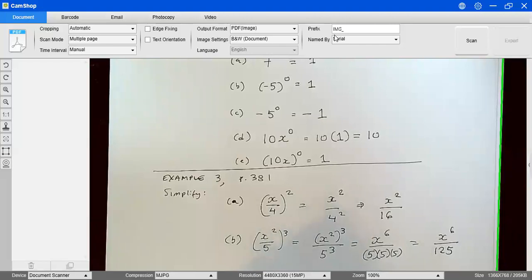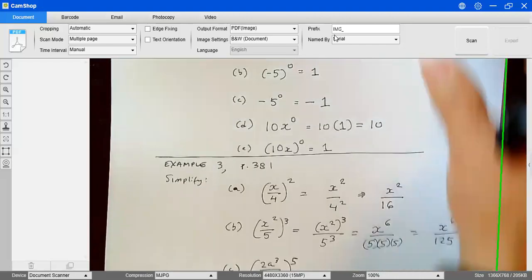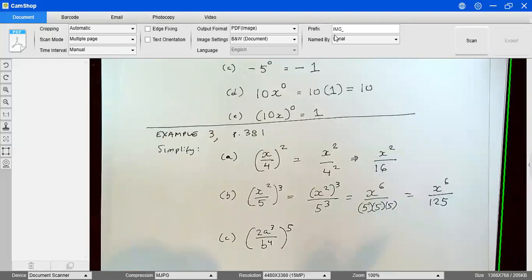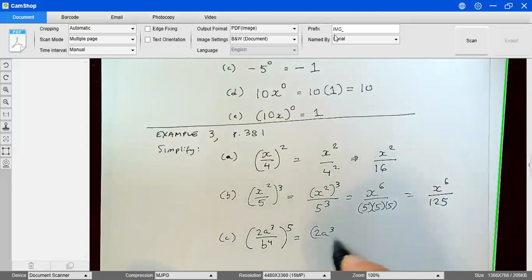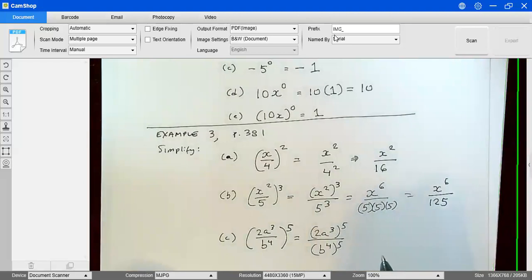And finally, we have 2a cubed over b to the 4, and this is raised to the 5th power. So now we have this base, and we're gonna break the base. So we're gonna distribute the exponent. So we're gonna have the numerator raised to that exponent and the denominator raised to the same power.